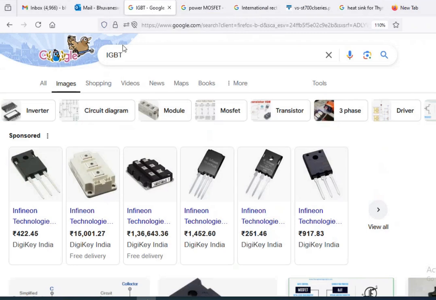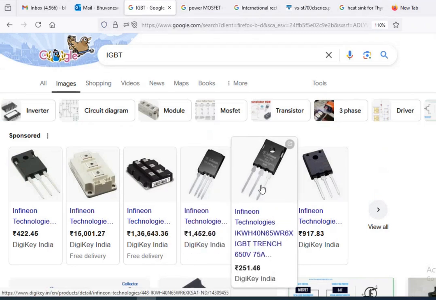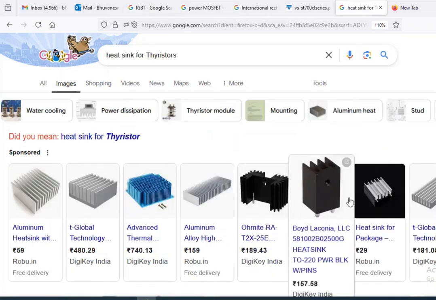So let me show the IGBT. These are some of the IGBTs that are available in the market from Infineon Technologies. So you can see again, it's a 3-terminal device. One will be emitter, one will be collector, and the other one will be gate. And you can see also that there is a hole here which can be fixed into a small heat sink like this.